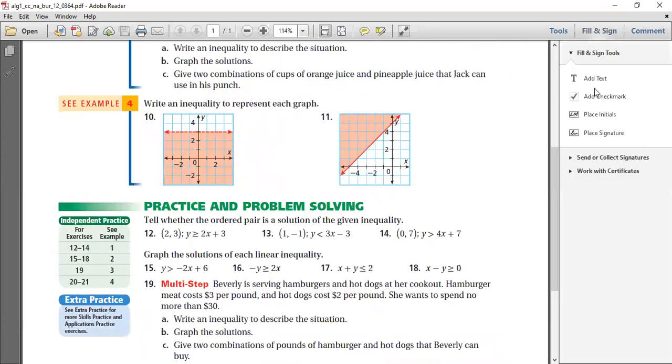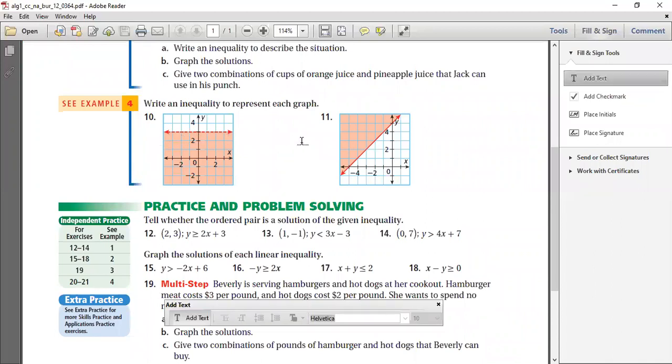And after that, you decide by looking at the line whether it's dotted or solid. If it's a dotted line, it has to be either greater or lesser. If it's a solid line like this, it has to be greater or equal to, or less or equal to. So first, let's start writing the equation.